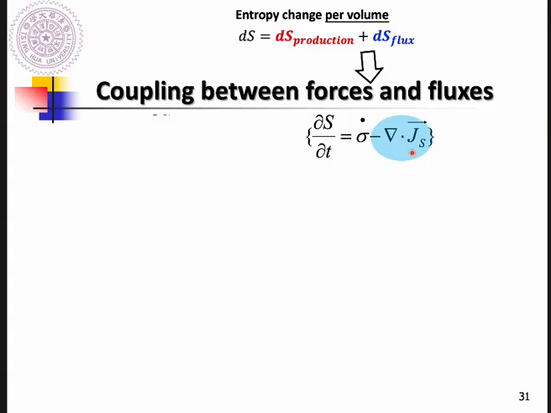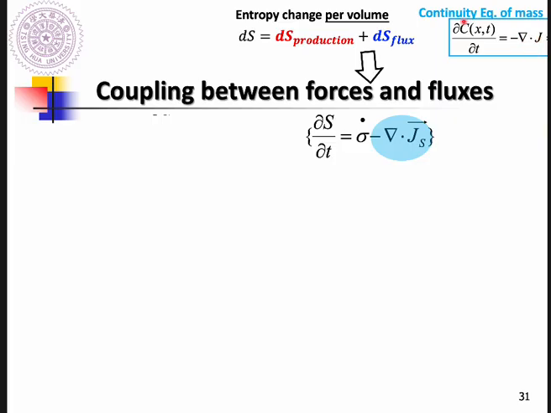Let me give you another example so you have some idea. This is the continuity equation for mass transport. The concentration change rate can be expressed as the negative gradient of the flux.